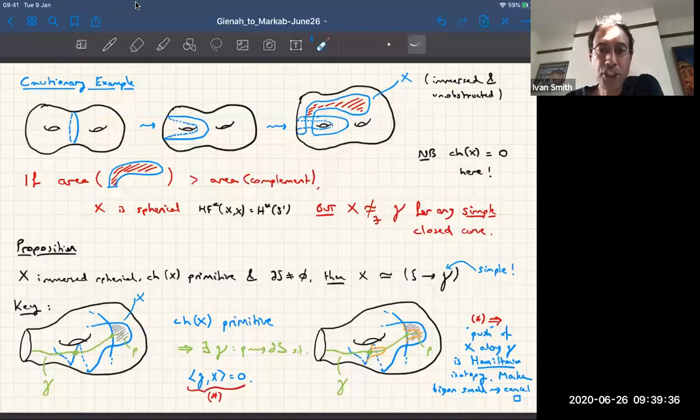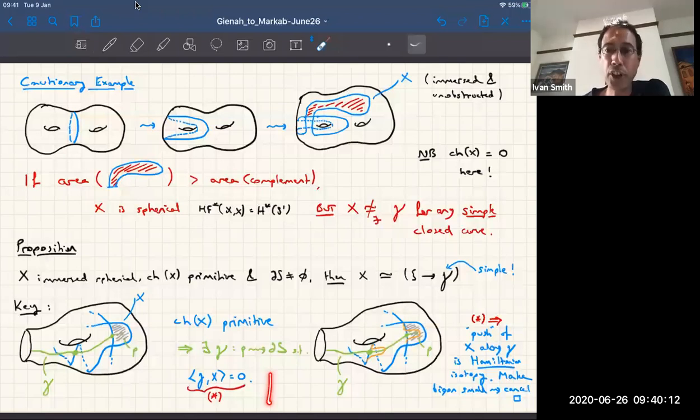Once you have that, what you can do is start pushing X along this green arc gamma. Each time you see X meeting gamma, just deform it locally by pushing it along gamma a little bit, as in this orange curve on the right. We do this by a uniform local model at these intersections. The fact that this algebraic intersection number was 0 means that altogether I'm sweeping 0 area, and so this is locally a Hamiltonian isotopy.